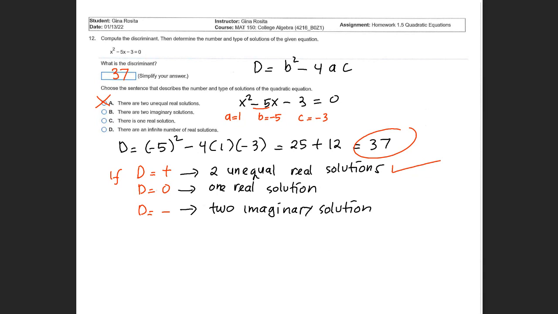Now the last one, number 13. Yeah. Finally. Okay, now solve the quadratic equation using the method of your choice. Yeah, this is your choice. You can choose the quadratic formula, completing the square, whatever you want, or factoring is up to you. So this is your choice.